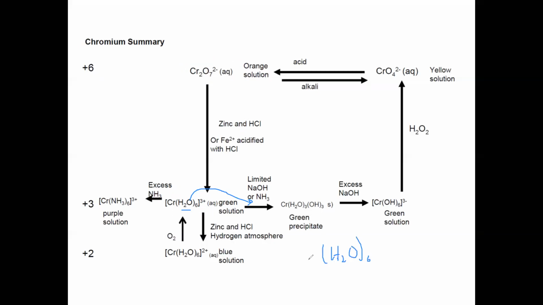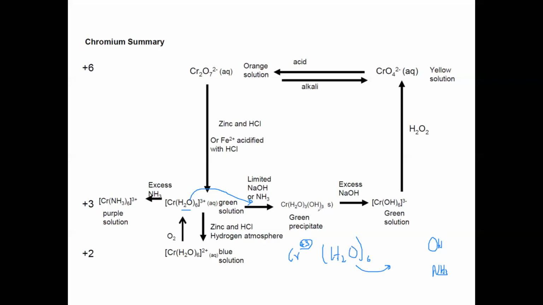Out of 6, how many will lose, depending on the chromium oxidation number? Chromium oxidation number is +3. So 3 of them will lose protons due to the hydroxide ion or ammonia, because both are proton acceptors. So what will it form? It will form Cr(H2O)3(OH)3.